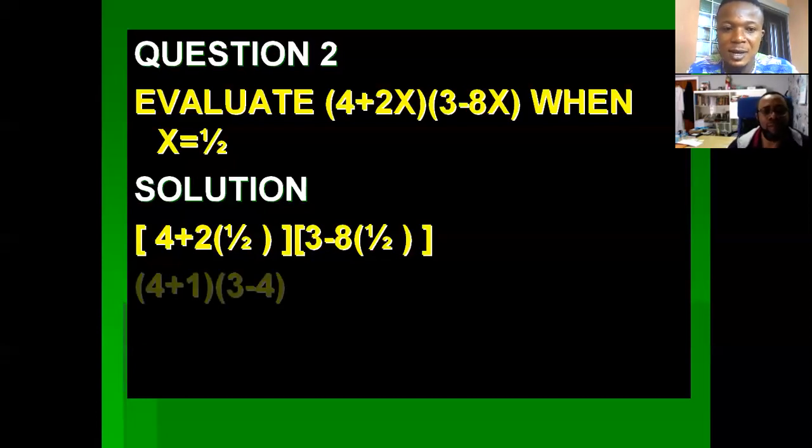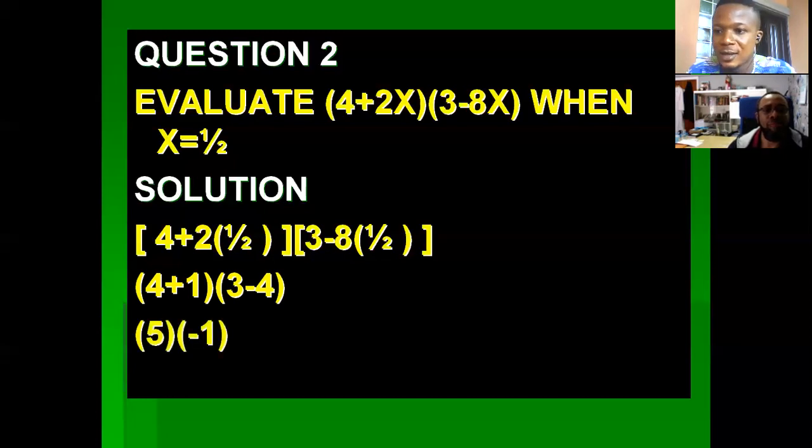You can see them down here, where that one changed to 1, the other one changed to 4. Then 4 plus 1 will give us 5. Then 3 minus 4 is negative 1, because 4 is bigger than 3. Then multiplying 5 by negative 1 will give us negative 5 as the answer.